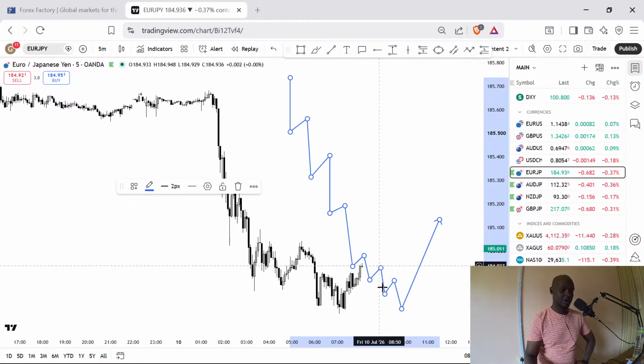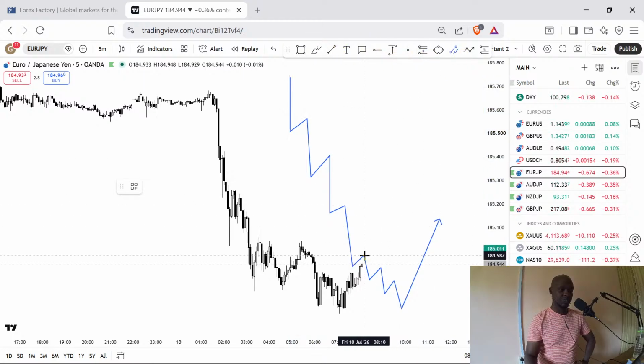Whenever we get in this situation where every time we break the low, we get a retrace, we get into some form of zigzag pattern in a descending manner. This is what we usually get, something like a descending channel.